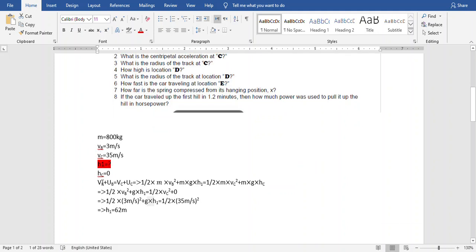I know that energy doesn't dissipate, so they are the same: kinetic energy vb plus potential energy ub is the same as kinetic energy vc plus potential energy uc. This is very important, because energy doesn't dissipate, so this equation is always true.